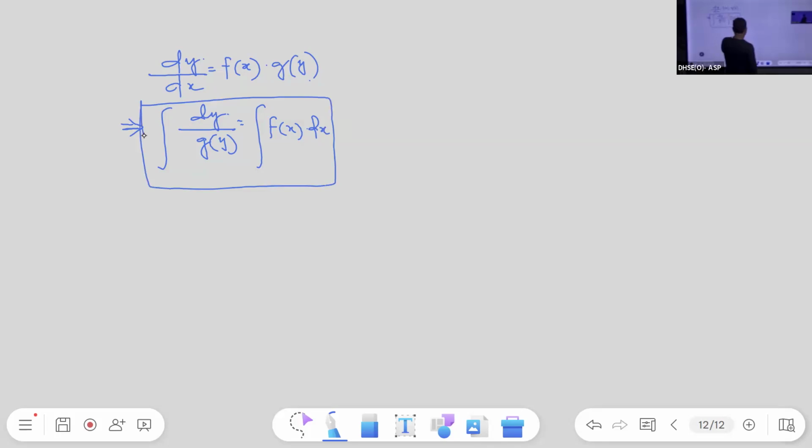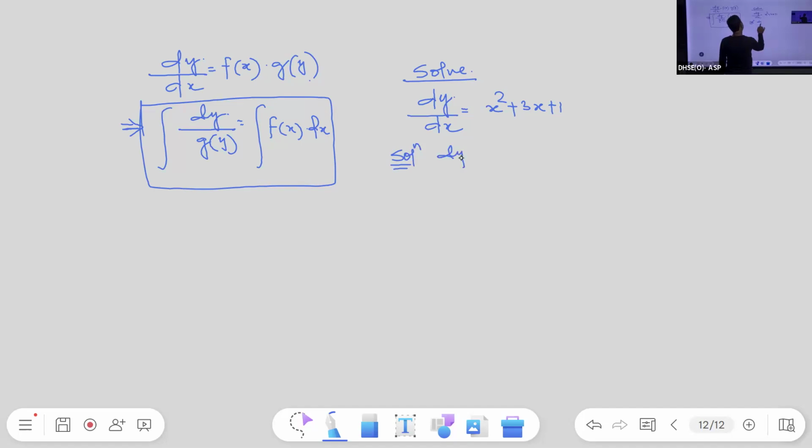So come to solve some differential equations. Solve dy upon dx equals x square plus 3x plus 1. Come to the solution.